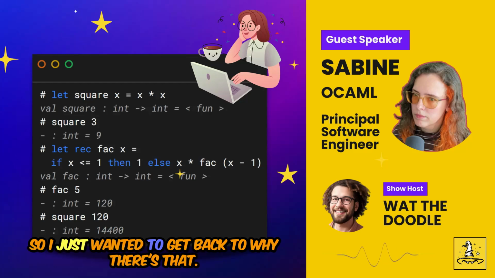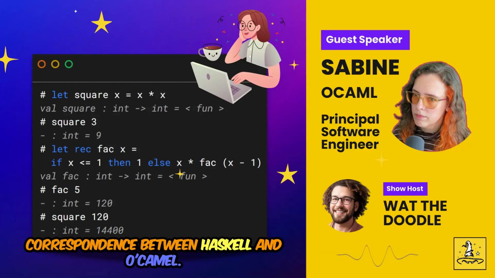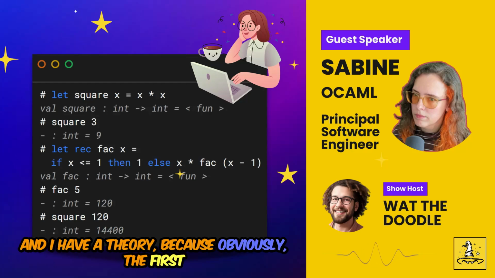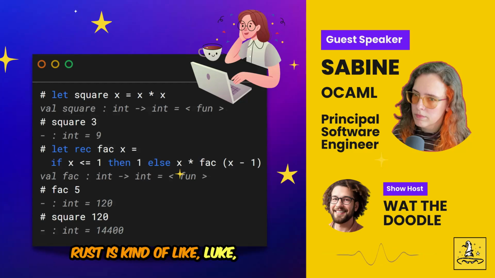So I just wanted to get back to why there seems to be this correspondence between Haskell and OCaml. And I have a theory, because obviously the first version of Rust was written in OCaml. So Rust is kind of like, Luke, I'm your father. Totally.